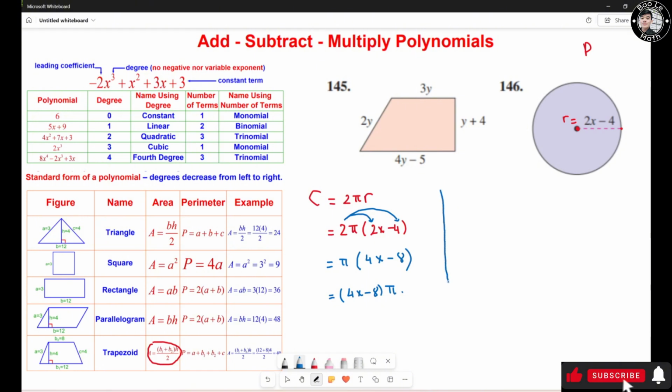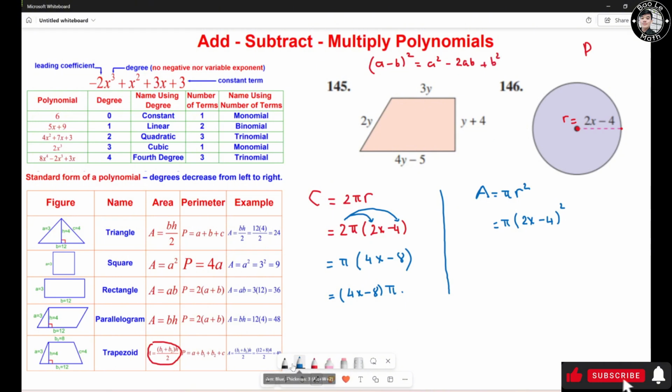Now, the area formula of the circle is given by pi times r squared, right? Now, radius equals 2s minus 4, so I just write pi times 2s minus 4 all together squared. Now, you have two different ways to do this one. You either apply the formula a minus b all together squared equals a squared minus 2ab plus b squared, right?